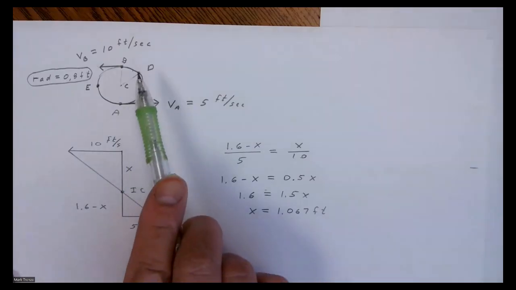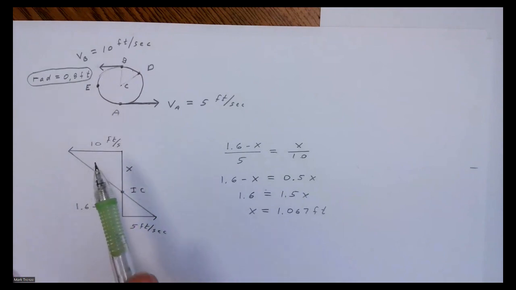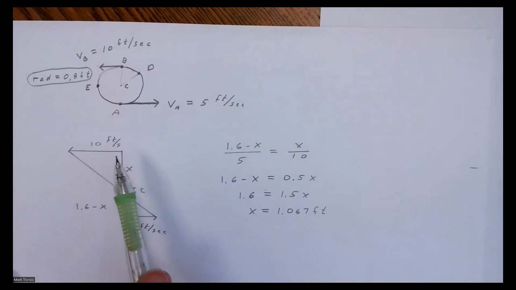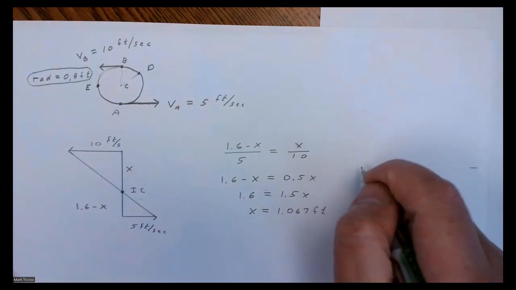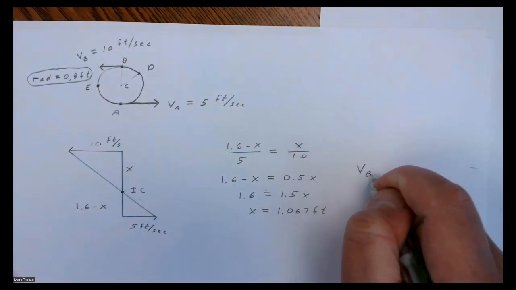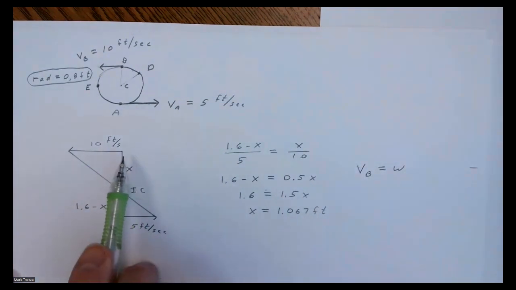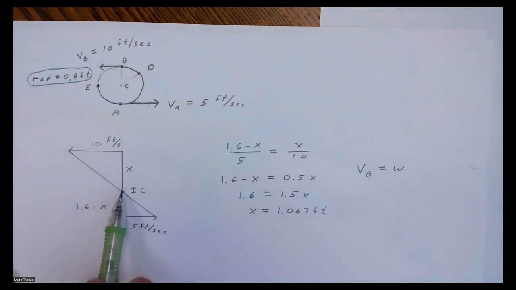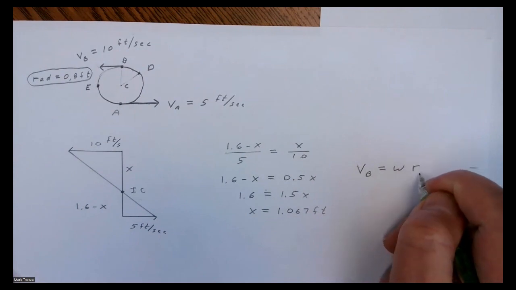Now we'd like to find the angular velocity, and we can use some of the information we have. We know the velocity of B is 10 feet per second, and we know what x is, so we can use the equation: velocity of B is going to be omega times RB, the distance with respect to the instant center.